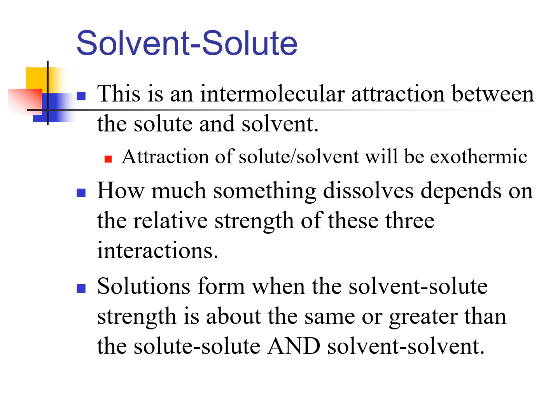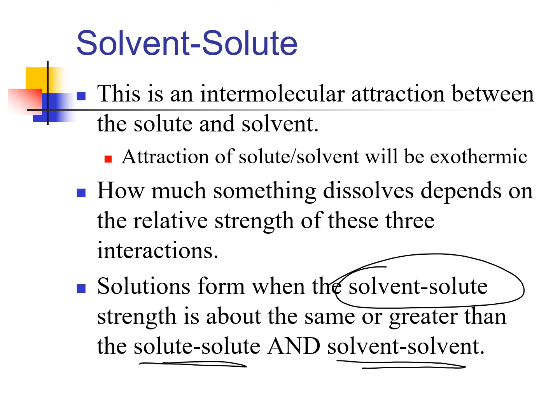So if we see things that don't dissolve in water, the reason could be that the attraction between the solute and solvent is weaker than the solute-solute or the solvent-solvent. Whereas when something does dissolve in water, that tells us that the solvent-solute attractive force is greater than those two. That is what is required for something to dissolve.